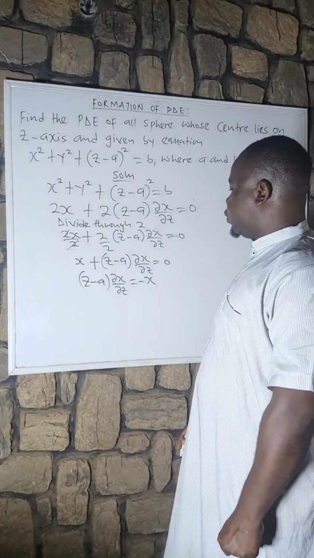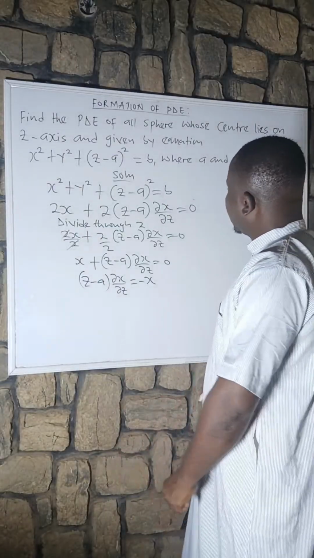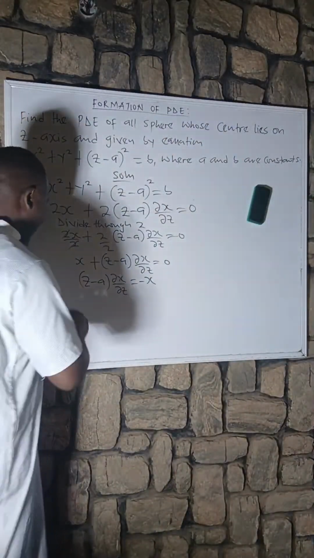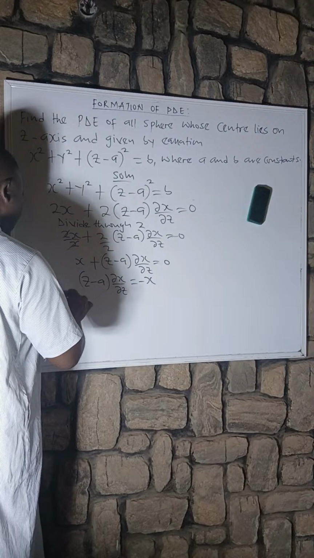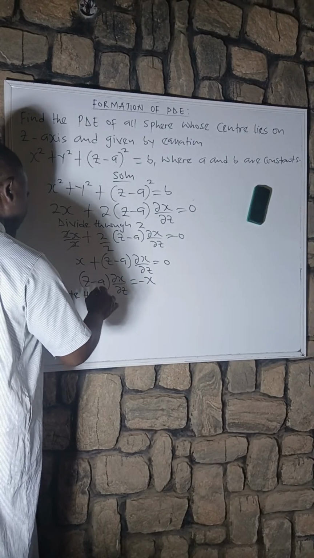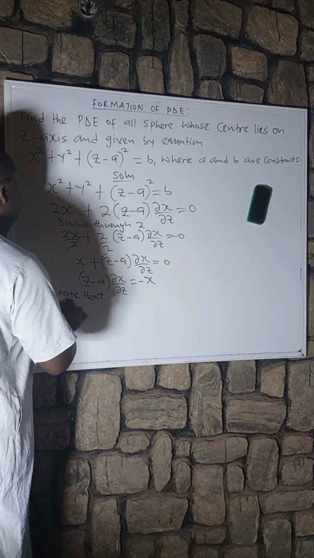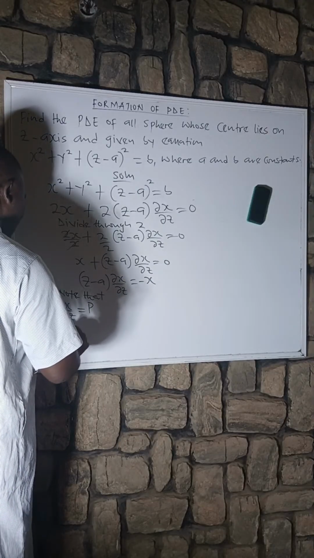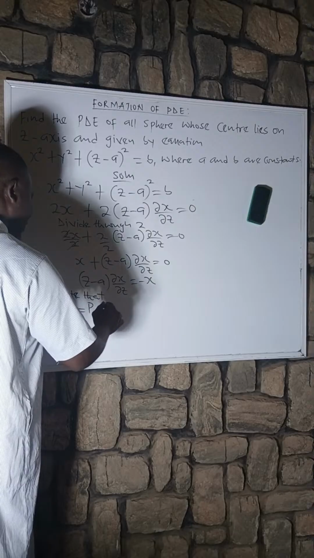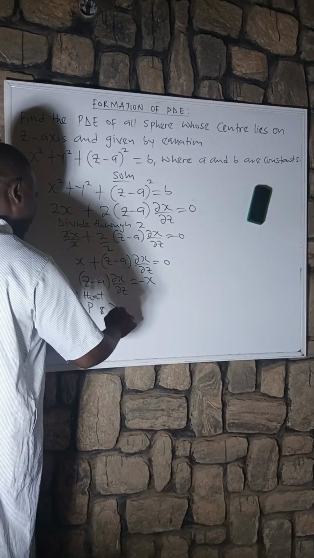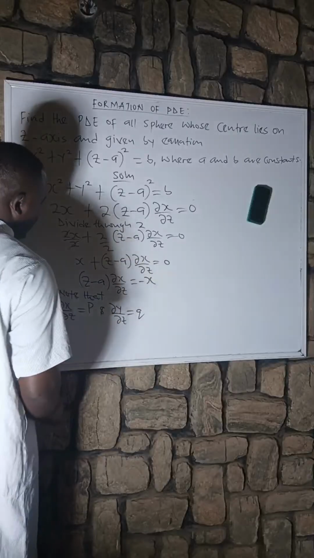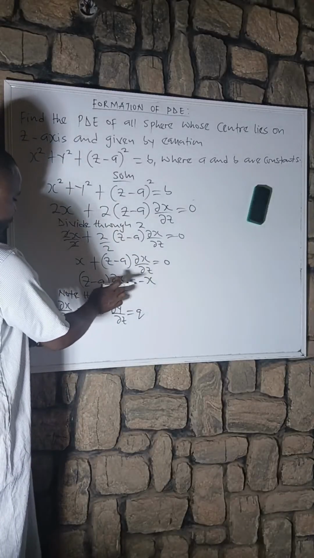But note that as long as PDE is concerned, partial x over partial z equals p, and partial y over partial z equals q. So what are we going to write here?